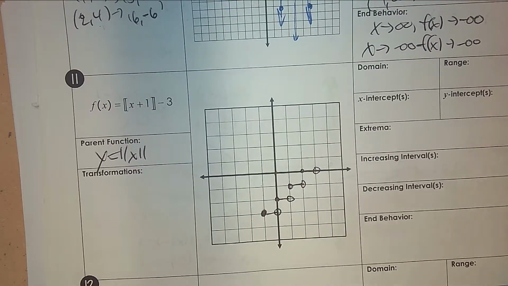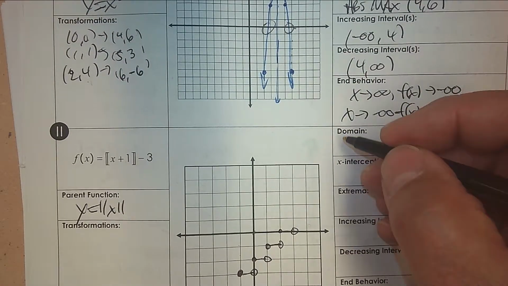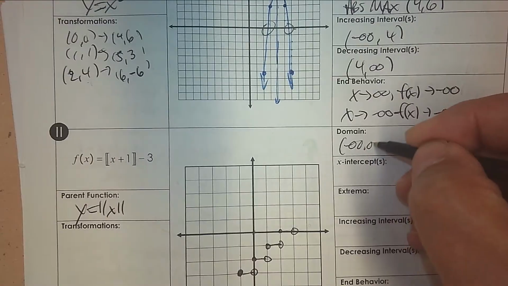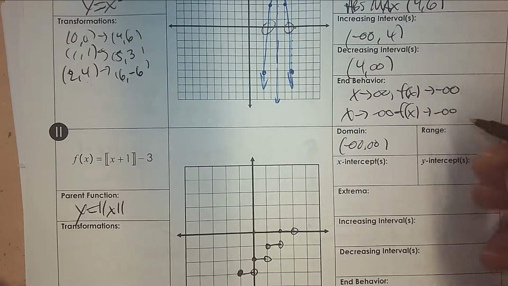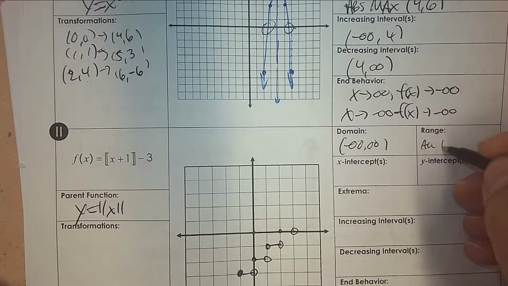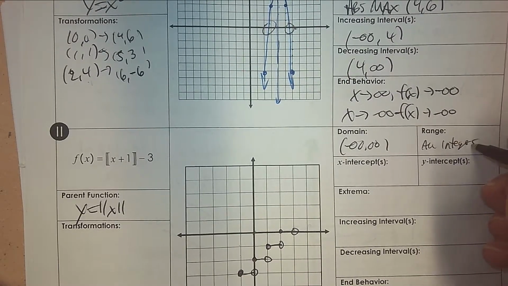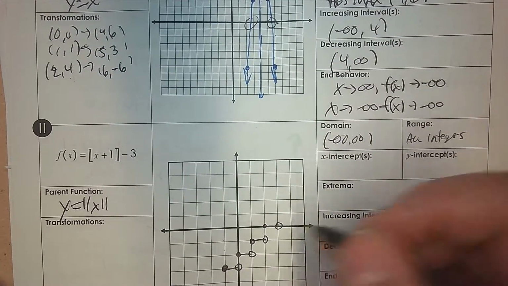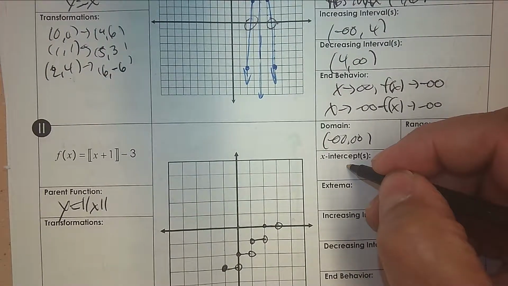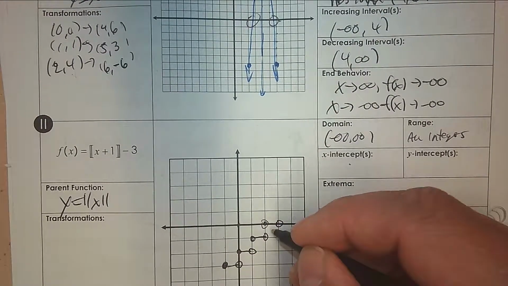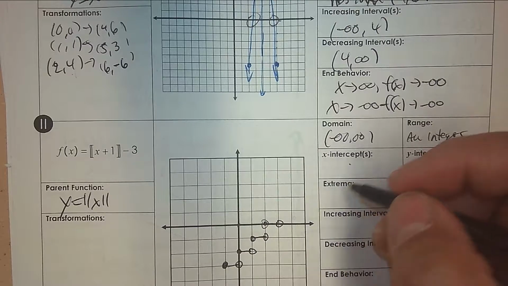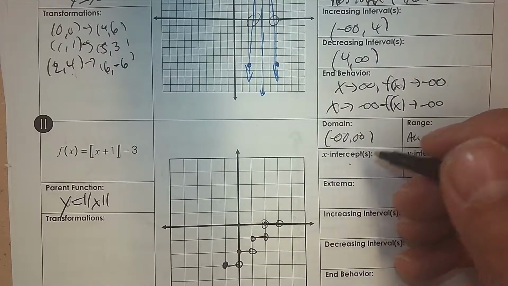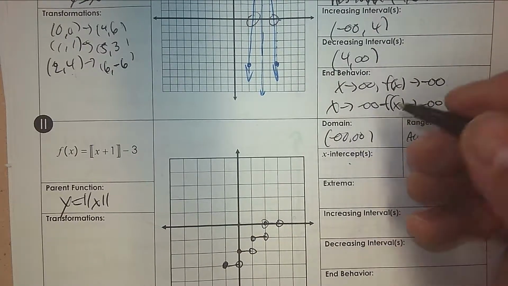Boom. Hey, what's the domain? It's all real numbers. The range are all integers. The x-intercept, you can see, is 0. Or here, is 2 to 3. So it actually touches at 2, touches at 2.5, touches at everything from 2 to 3 are the x-intercepts.